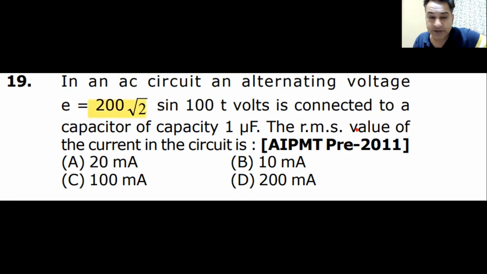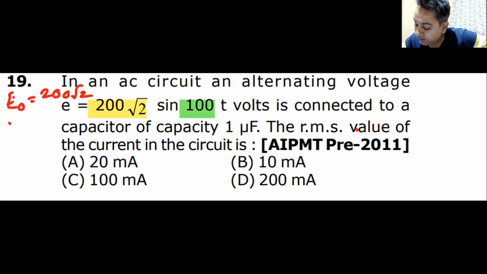This yellow thing is E naught, the maximum value. This green thing is your omega. 100 is omega. So I have E naught as 200 root 2 and I have omega as 100.